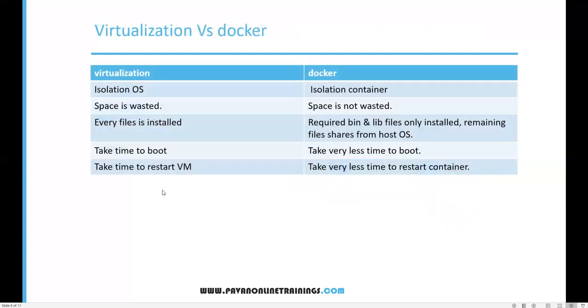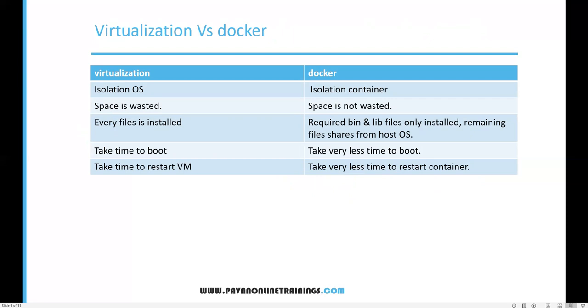Now let's compare virtualization versus Docker. As I said, Docker supports containerization. The virtualization concept is pretty old, where we need to maintain multiple VMs. Here we will compare the advantages and disadvantages of virtualization and containerization. Docker is a tool which supports containerization.